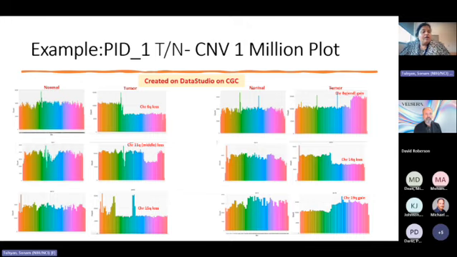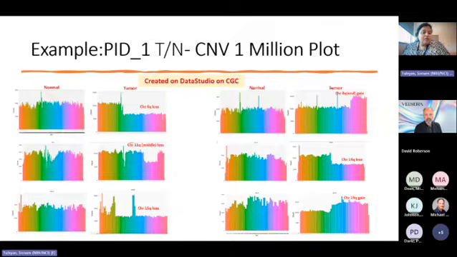This is an example of a patient with the ID 1. You can clearly see on the left the screenshot of the CNV 1 million plot from the normal sample, and this is from the tumor sample on the right side.